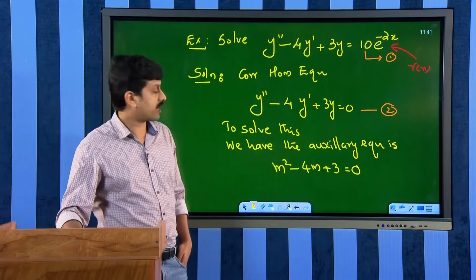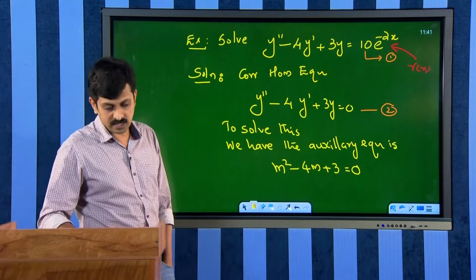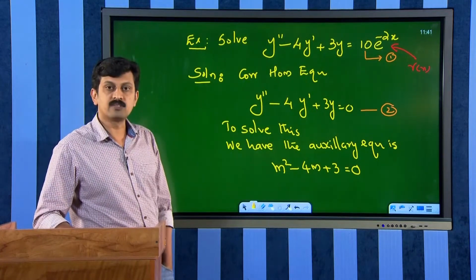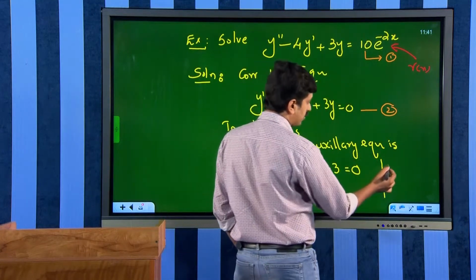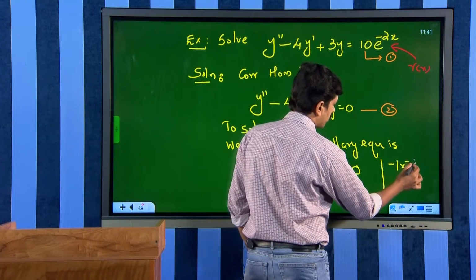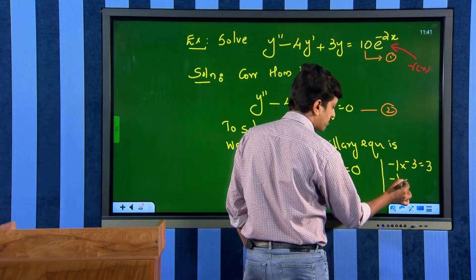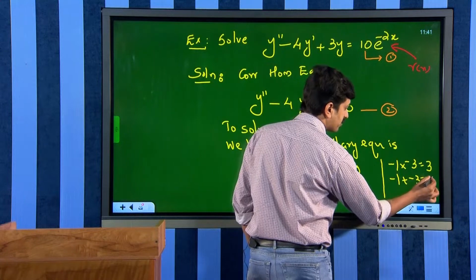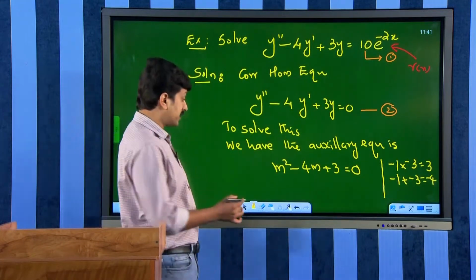See, dear students, we have to find two values whose product is equal to plus 3 and whose sum is equal to minus 4. I would like to consider the two values minus 1 into minus 3 equal to plus 3, and minus 1 plus minus 3 is equal to minus 4. Okay, fine.